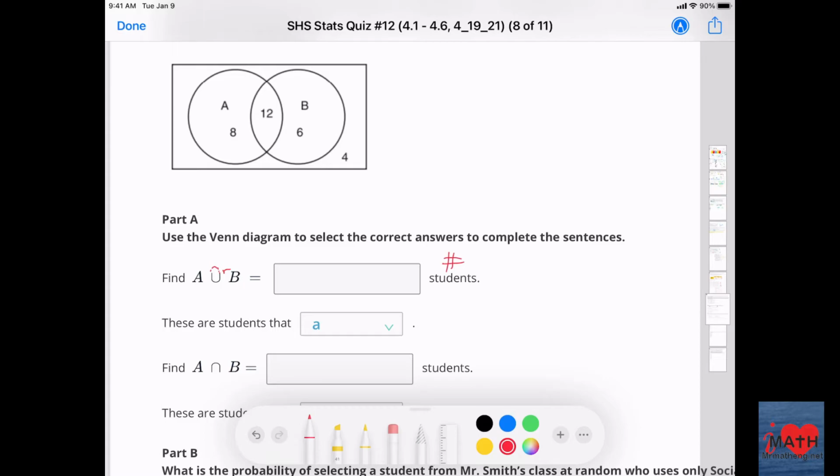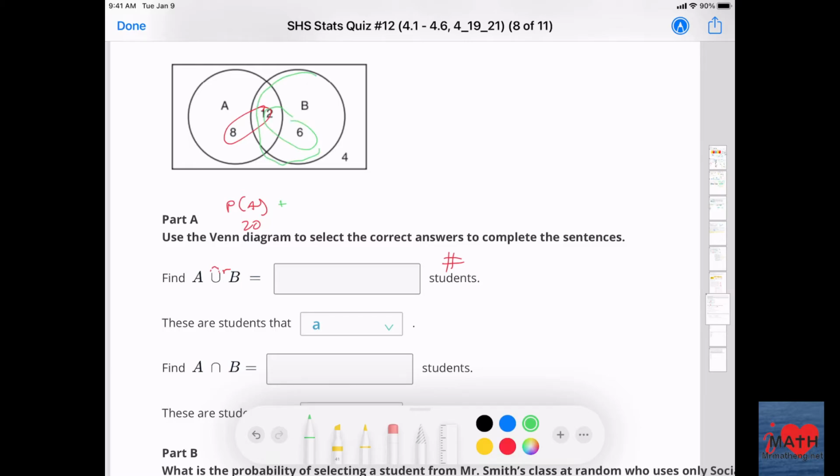A has 20. So probability of A is 20. The probability of B, you have 18 here, so that's the whole circle, right?